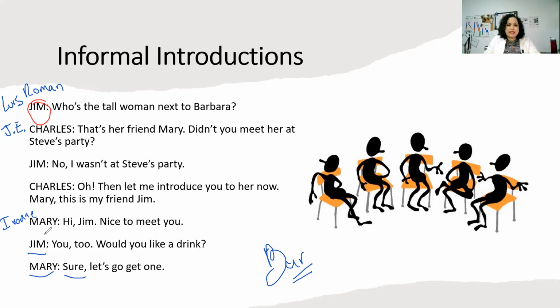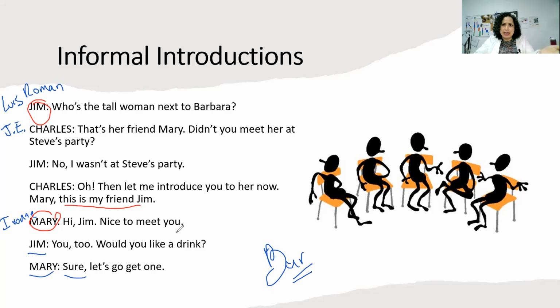Jim wants to talk to Mary, but he hasn't been introduced to Mary. And an informal introduction is just a, Mary, this is my friend Jim. And that was it. That was it. Not many things to be told about Jim or Mary.